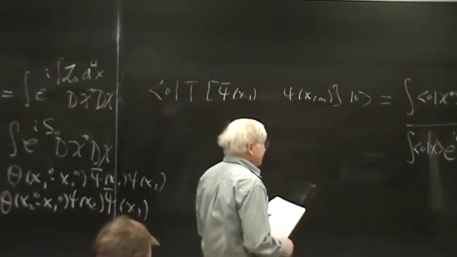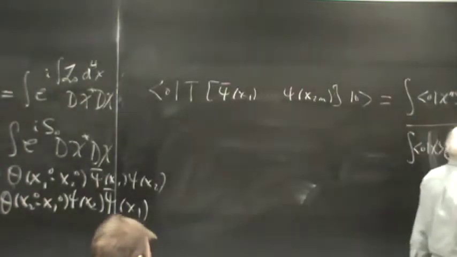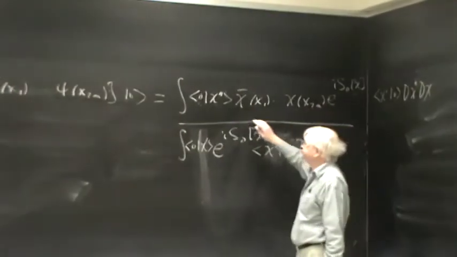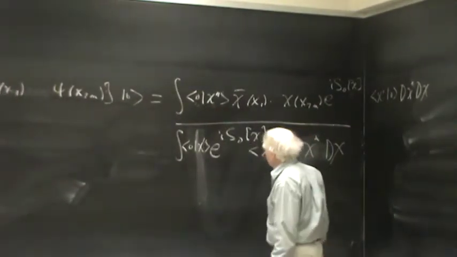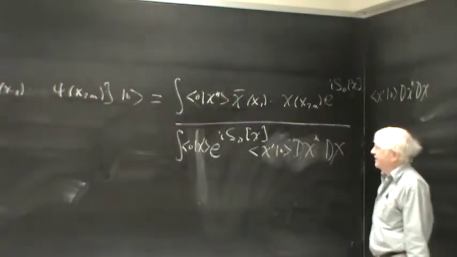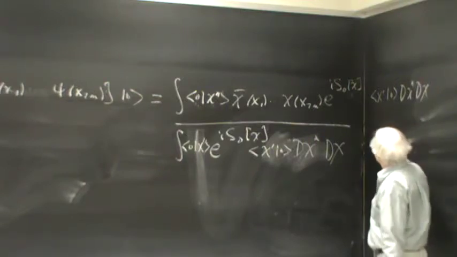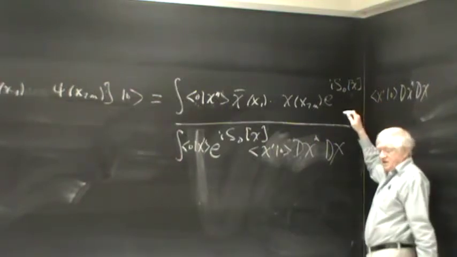And these terms here will effectively insert an e to the minus chi.